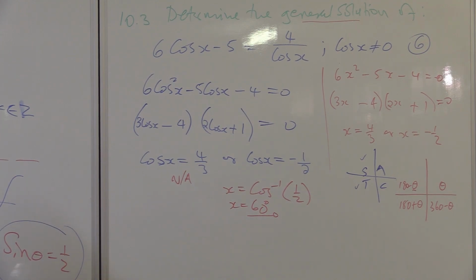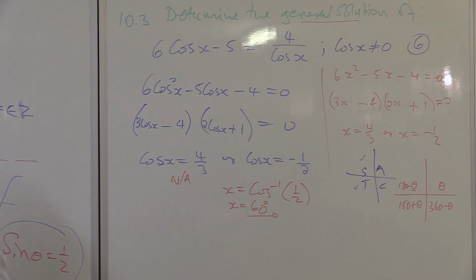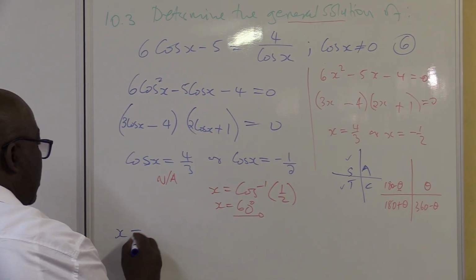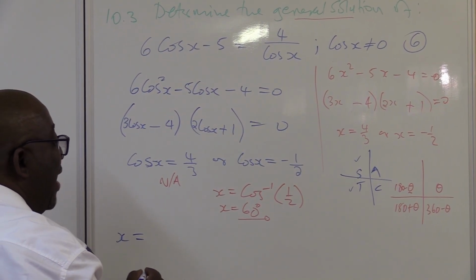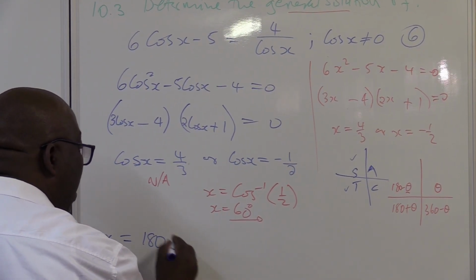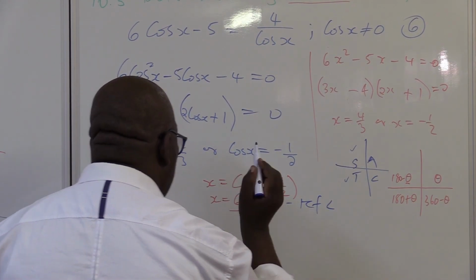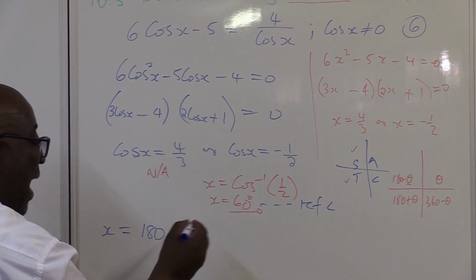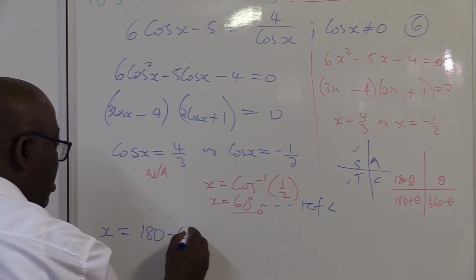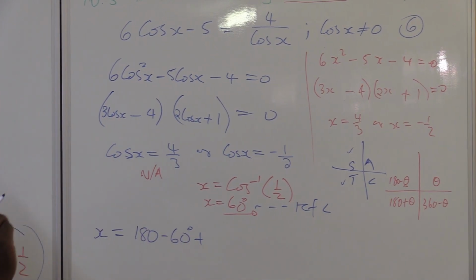Now, how do we write our solution now that we've got our reference angle? Our solution is equal to 180 minus, in fact, it's the second quadrant. It's going to be 180 degrees minus the reference angle, which is 60 degrees, plus 360k, because it is sine and cos.